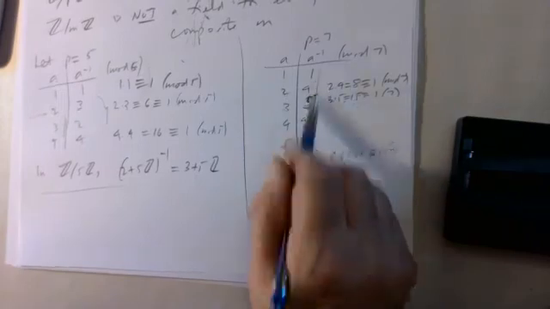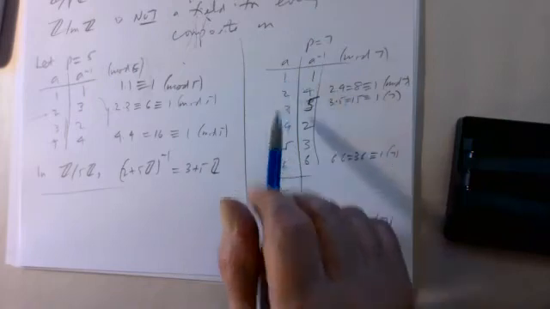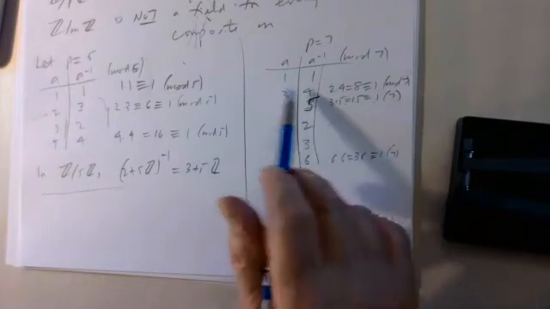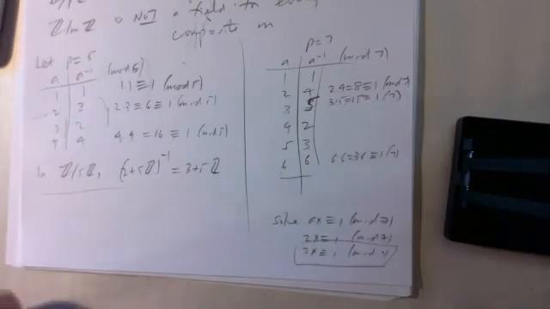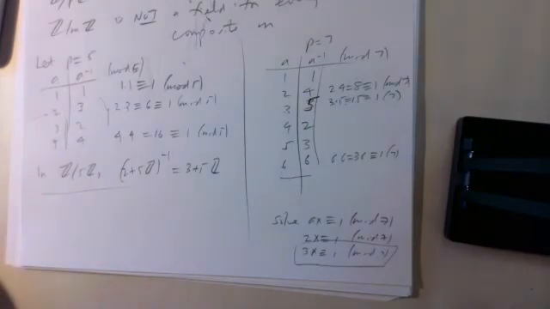So for each of the non-zero congruence classes mod 7, 1 to 6, here are their inverses. You'll notice it's some permutation of 1 through 6. It's just some rearrangement of those numbers. Okay, any questions about this?